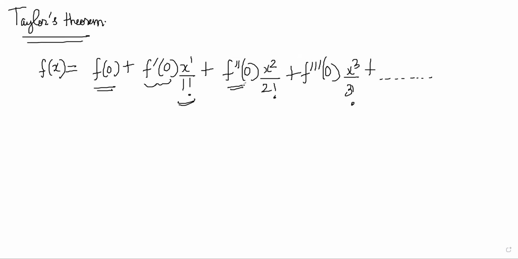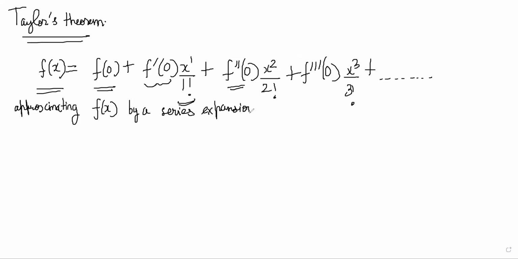So what is happening here is that you are approximating f x by a series expansion. Instead of f x, you are able to write f x even like this.